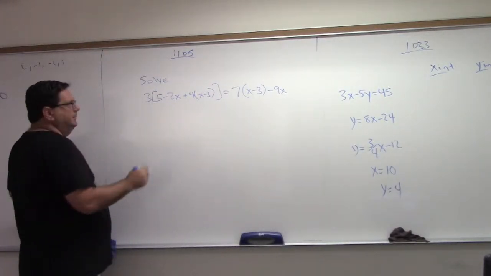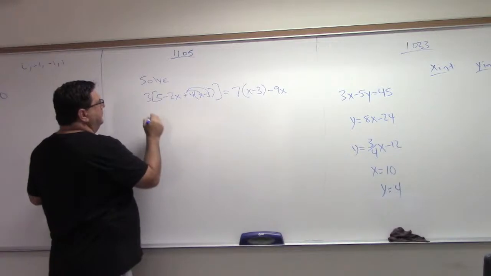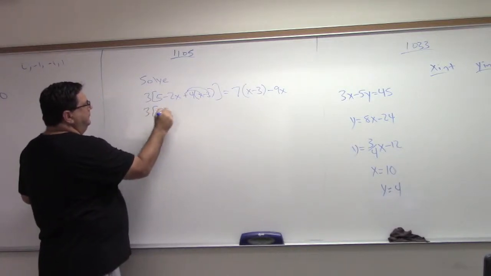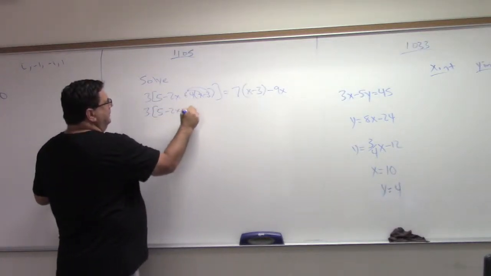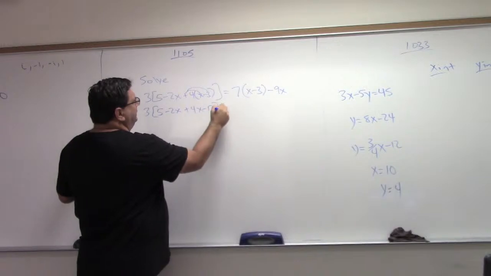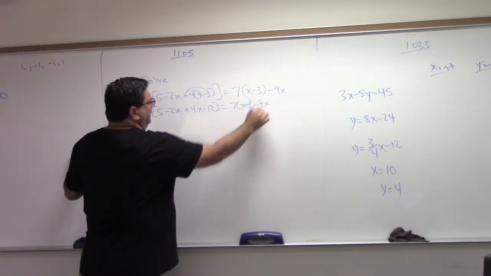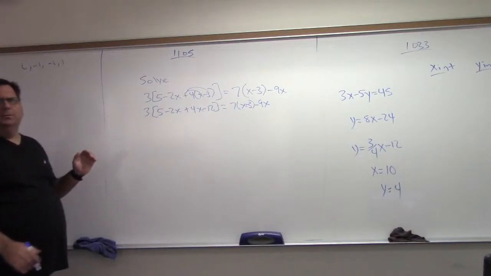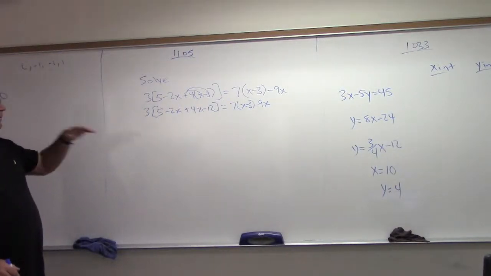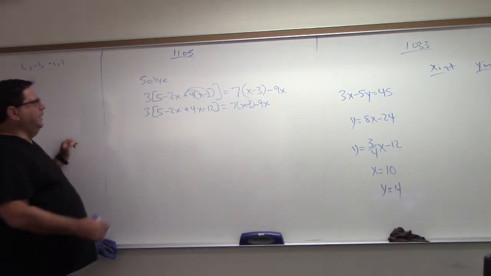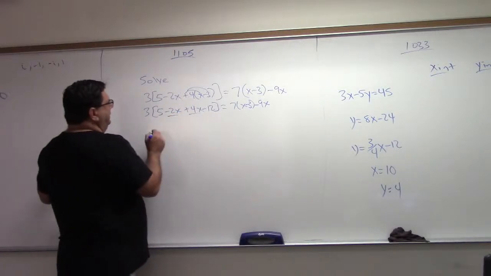You ready? 3 times 5 minus 2x plus 4x minus 12 equals, I'm just gonna leave that side alone for right now. I know we can distribute it, it's not too hard, but let's just leave it alone, we got bigger fish to fry. Now we got negative 2x and 4x.